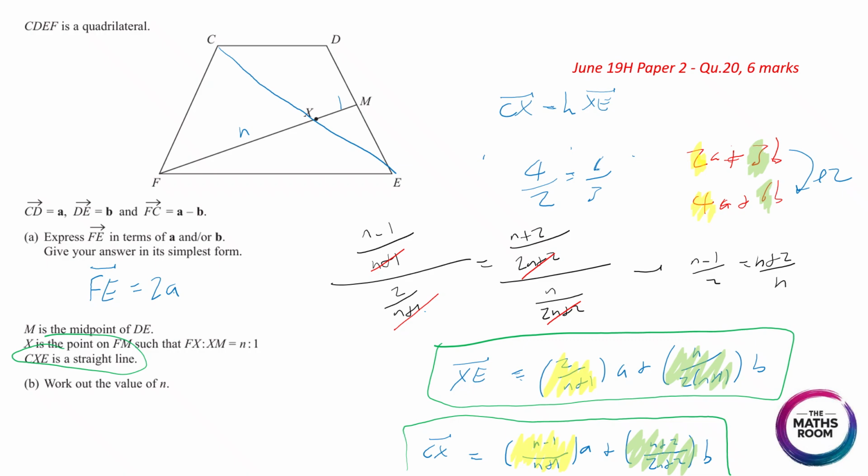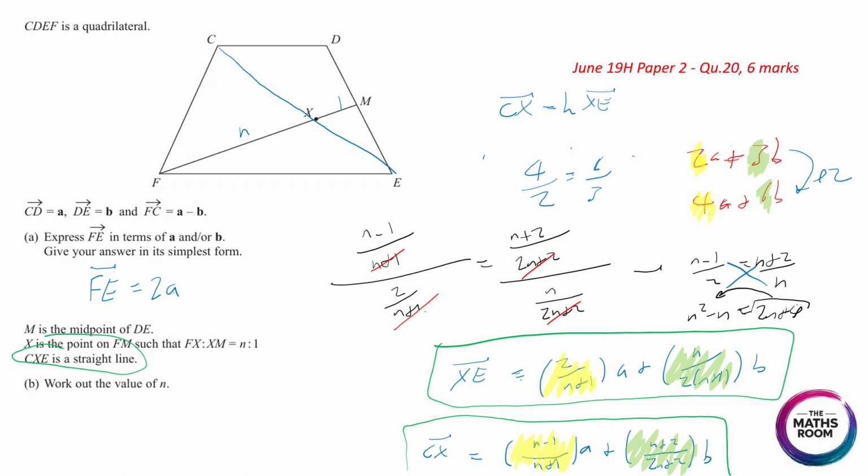Fraction to fraction, we've got to cross multiply. So n minus 1 times n is n squared minus n, which is equal to 2 lots of n plus 2, which is 2n plus 4. That's a quadratic in terms of n. Let's move this over here.